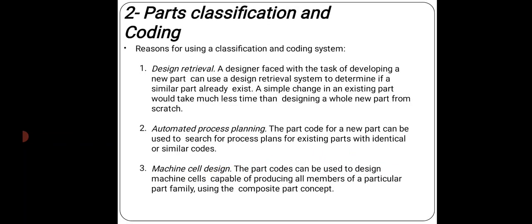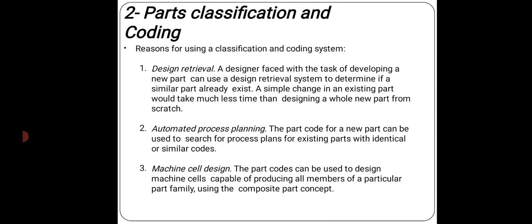Third, part classification and coding applications. First one, design retrieval. A designer faced with the task of developing a new part can use a design retrieval system to determine if a similar part already exists. A simple change in an existing part would take much less time than designing a whole new part from scratch.